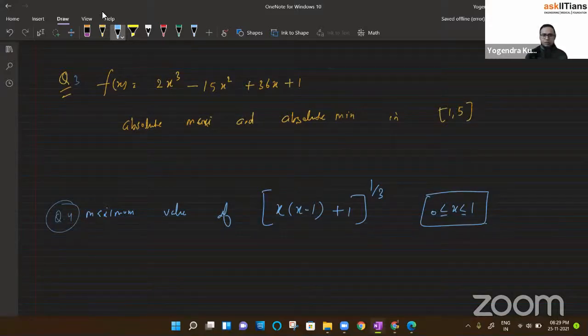If you want, I'll give you the options for this question, but if you can answer without options, okay. Maximum value we need to find out here. It is x into x minus 1 plus 1, whole power 1 by 3.